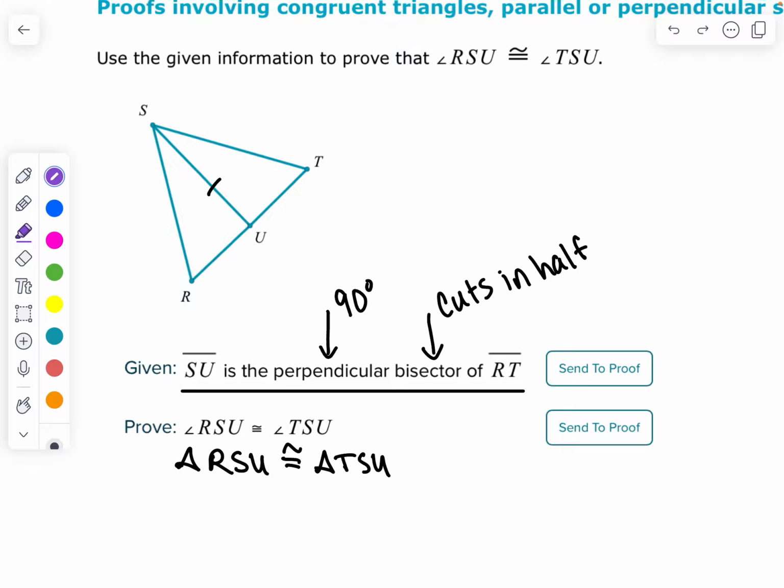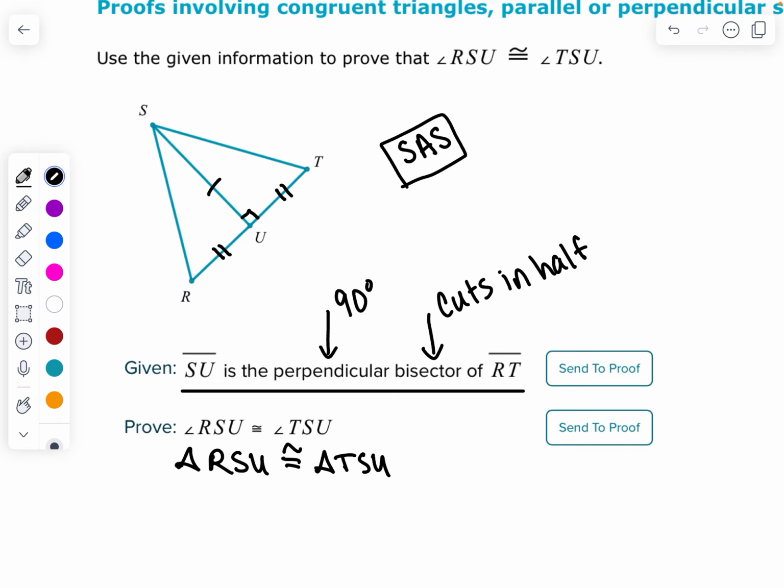SU is coming down at 90 degrees and cutting RT in half. So I got to mark that. It comes down at 90 and cuts RT in half. Does that make more sense? Okay. That looks like something that's solvable. In fact, those triangles look like a side angle side congruence.